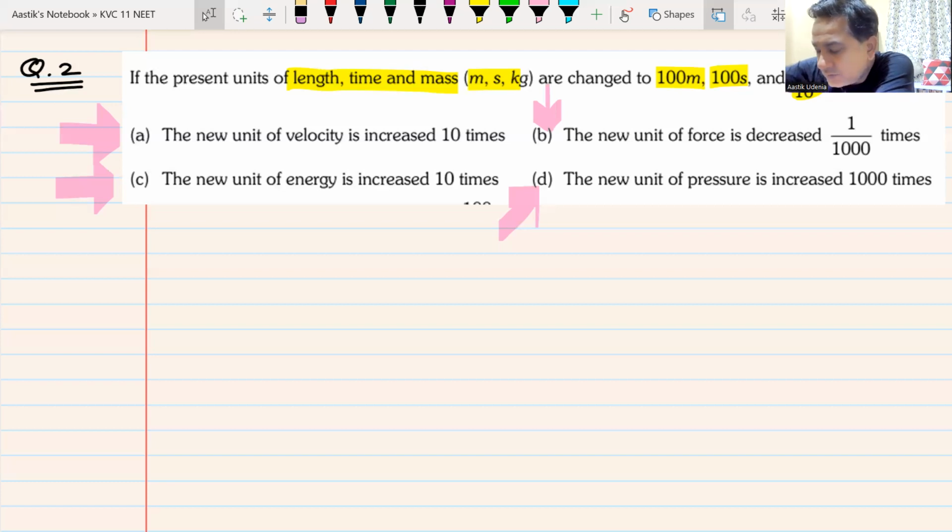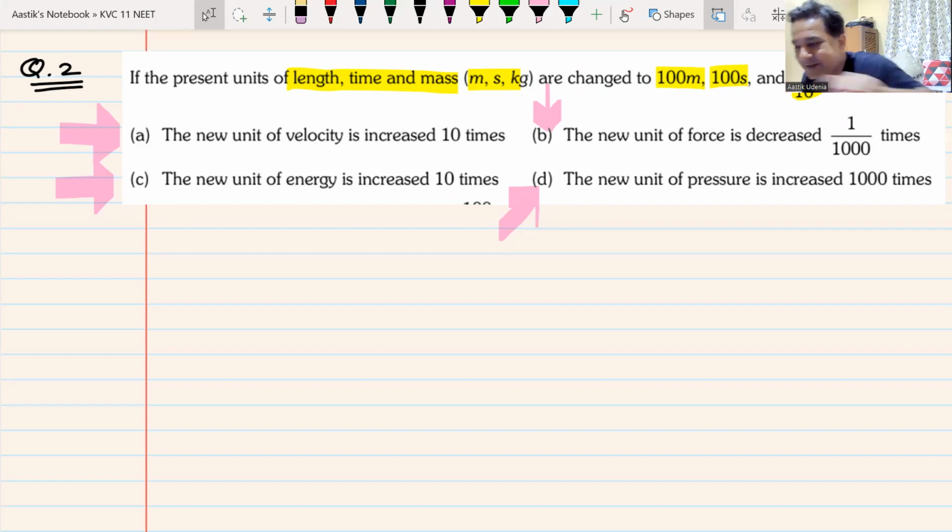Tell me fast. Which is the correct option, my dear friends? Did you get it? Were you able to solve the question? Yes or no? Yes. So what is the correct option? I can't see your fingers, small fingers. 1, 2, 3, 4. 2.